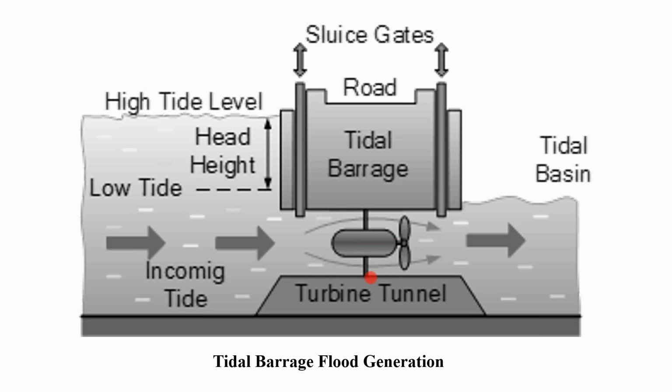Now, what is the operation? We have a beach here. The beach is having some tides, and these tides are flowing this way. Suddenly, we stop this water and narrow it down to a very small area.